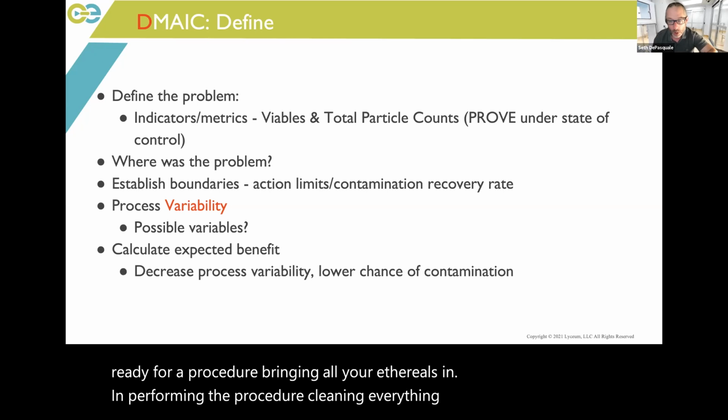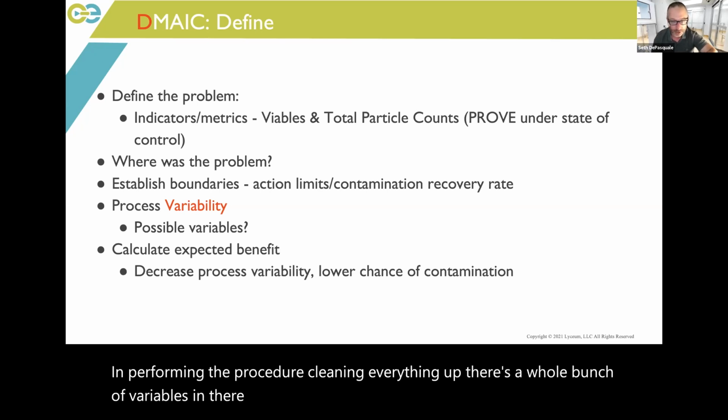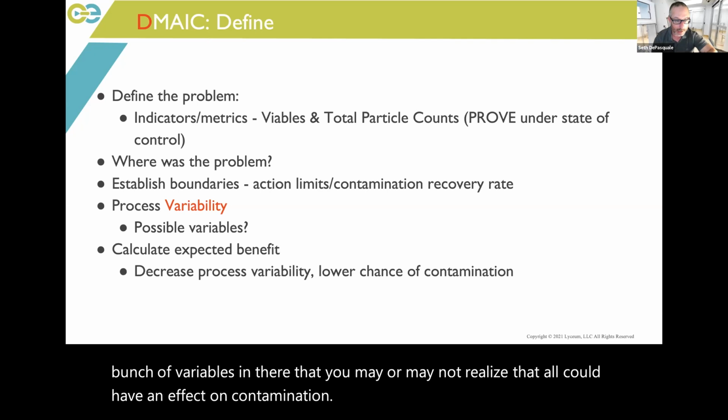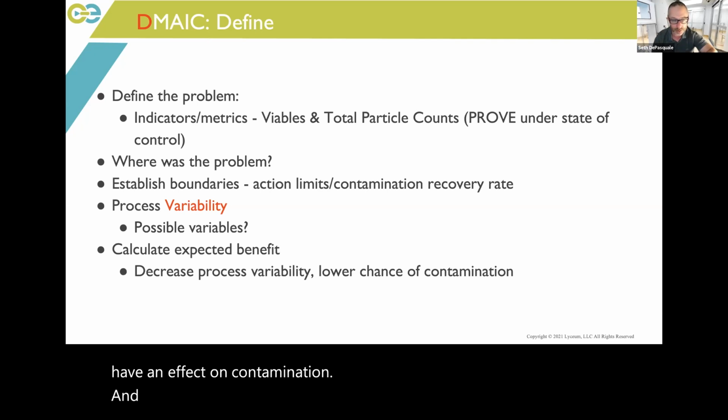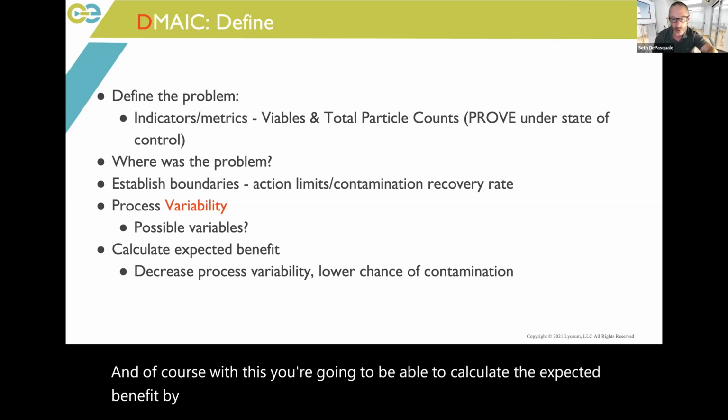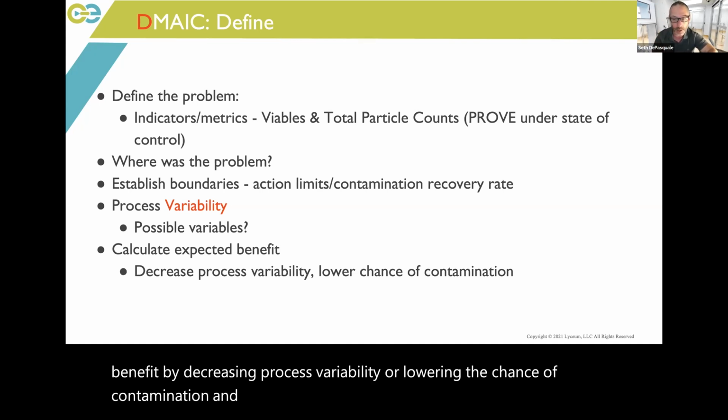There's a whole bunch of variables in there that you may or may not realize that all can have an effect on contamination. And of course, with this, you're going to be able to calculate the expected benefit by decreasing process variability. You're lowering the chance of contamination, and hopefully, God forbid, any litigation fees or anything like that.